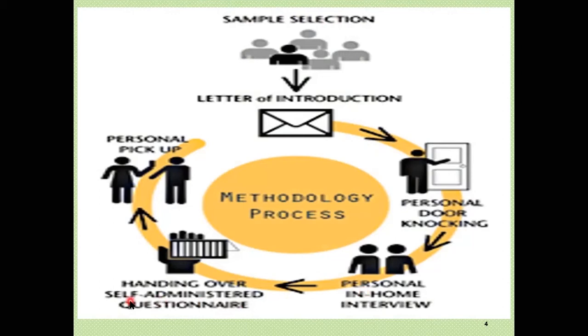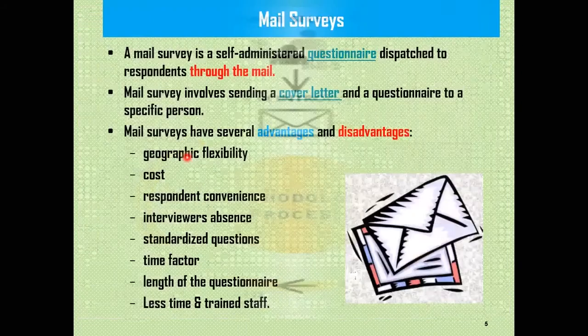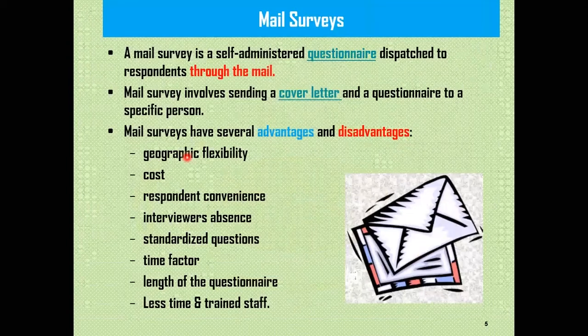Or we can also request them, okay, please fill out our questionnaire, and then you can hand over this questionnaire to them, and later on, after a certain time, you can come and pick up that filled questionnaire from your respondent. This is a normal procedure.